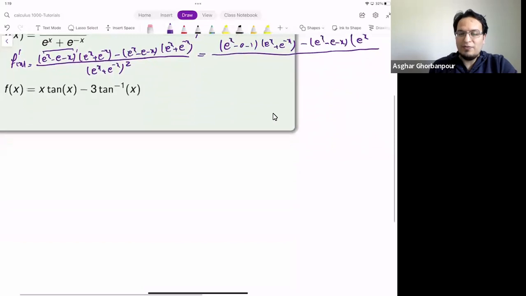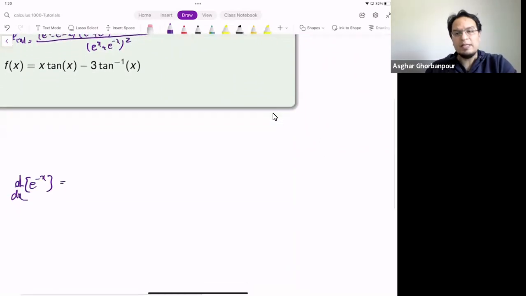How about the derivative of e to the power negative x? So let's see, this is how we sometimes denote the derivative. The derivative of e to the power negative x, I can see that as 1 over e to the power x.